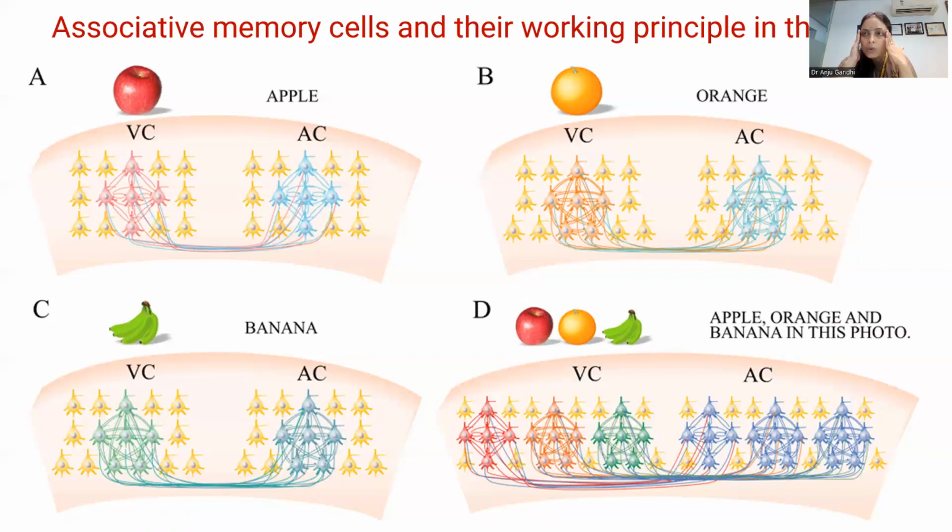We have all those images saved in our mind: what a complete apple is, what a half-peeled apple is, what a half apple is, and what happens when we cut the apple into pieces. Everything is stored in the associative memory.